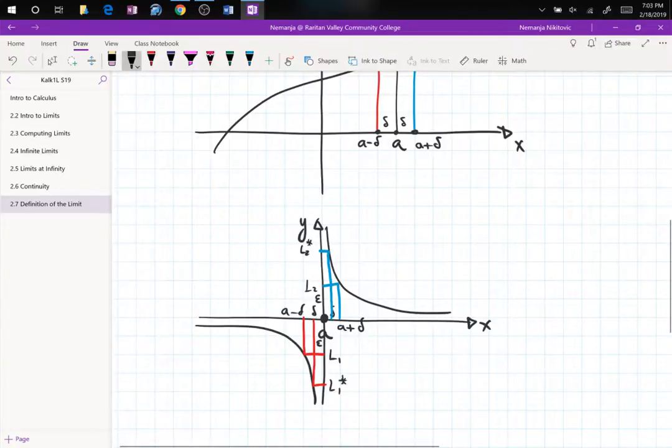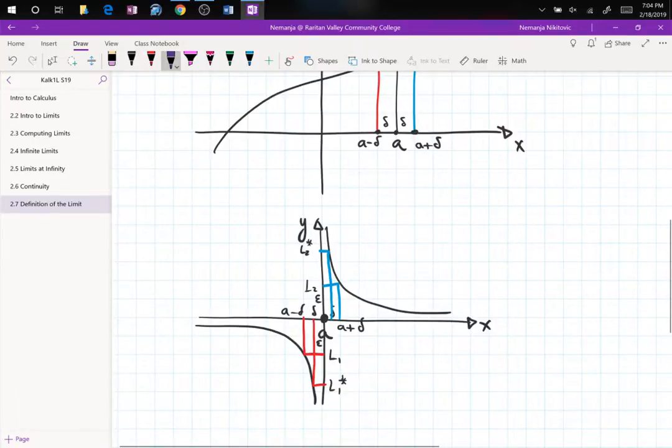So the limit does not exist because it doesn't fit the definition. The definition says that both of these need to be getting smaller and smaller so we can pack them in very, very small numbers. But do you see that the y values are going to go infinitely apart? That doesn't fit in less than, let's say, 10 to the negative 3 or negative 6 or whatever.